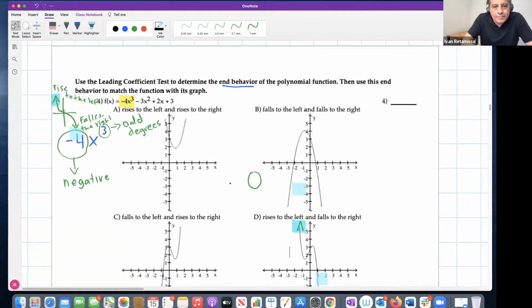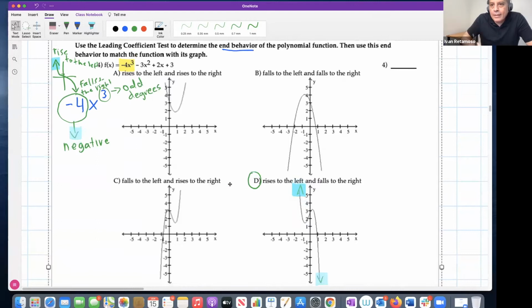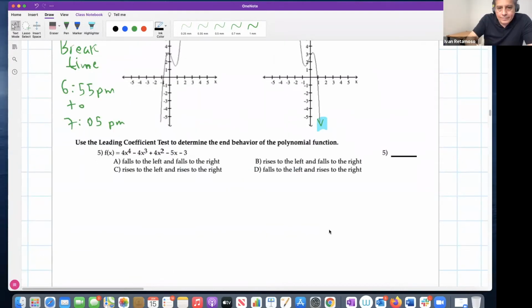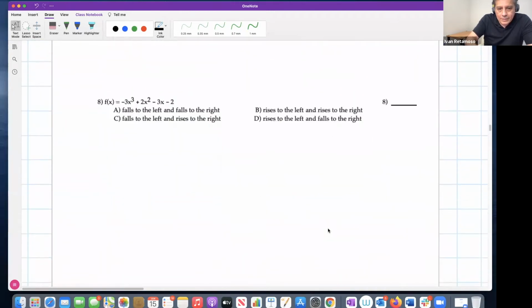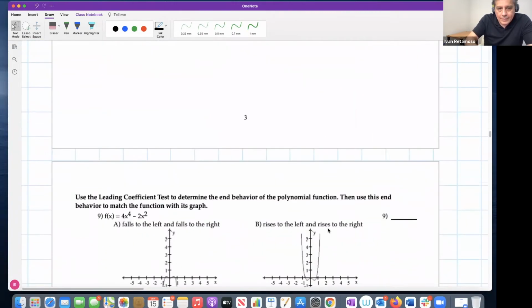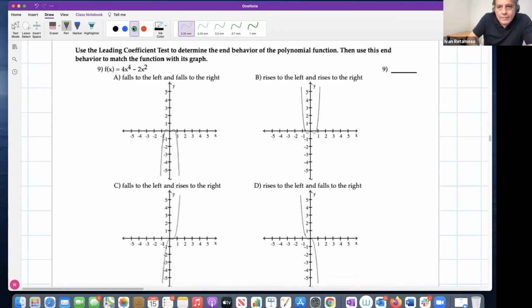But now let's see what happens if they don't give you a graph. We did this once before, but I want you to check this out. Try this one, number 9. Work on this, please. Figure out the end behavior and therefore the graph.